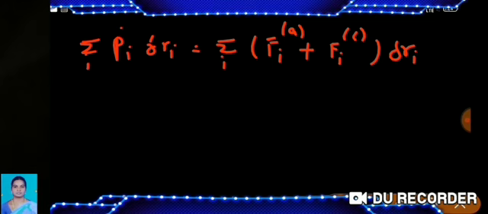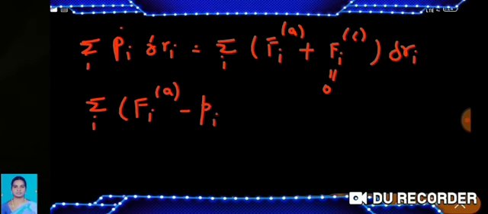As we know from the principle of virtual work, the total work done by the constraint force is 0. So this implies that summation over i of Fi^A minus Pi dot, dot del Ri vector, is equal to 0.